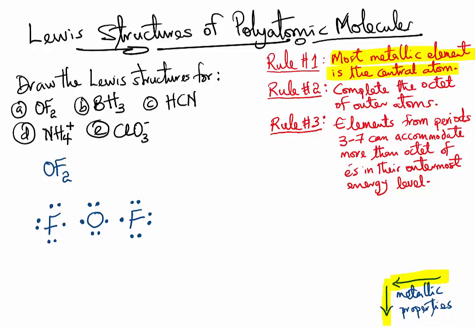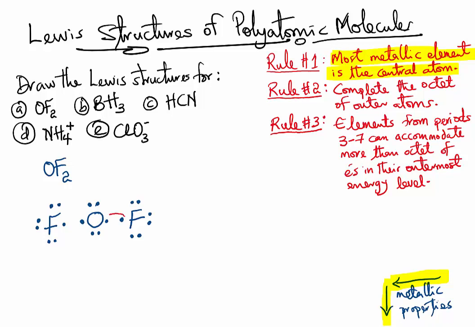Now, let us obey rule number 2. Rule number 2 says that we should complete the octet structures of the outer atoms before we look at the central atom. Now, each of the fluorine atoms in OF2 has 7 valence electrons.